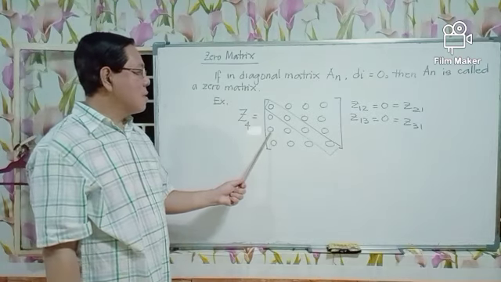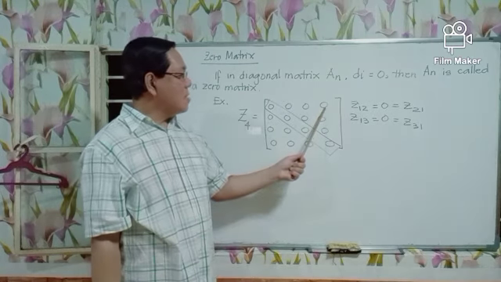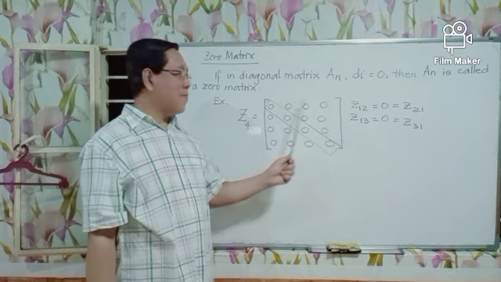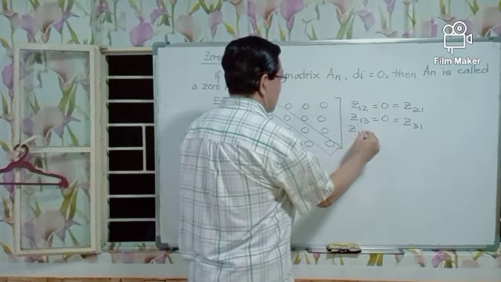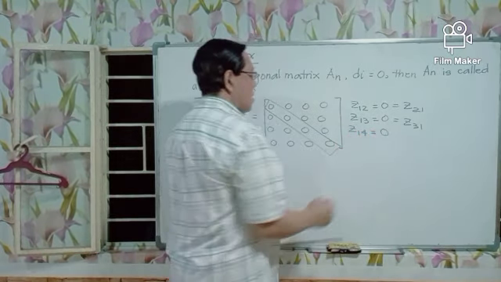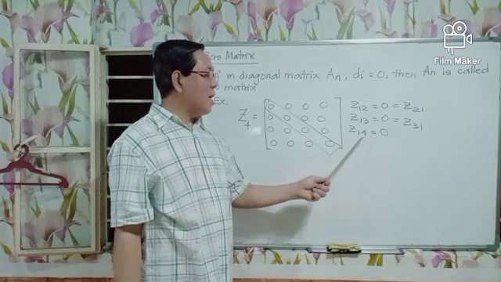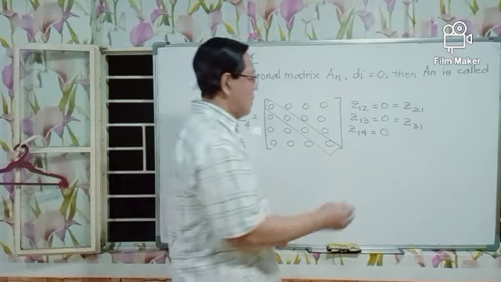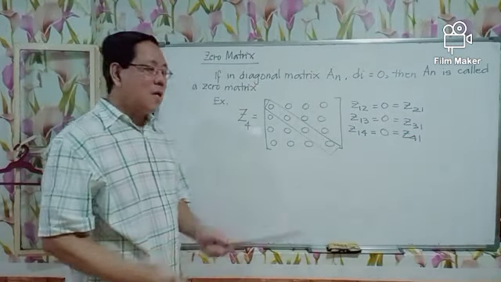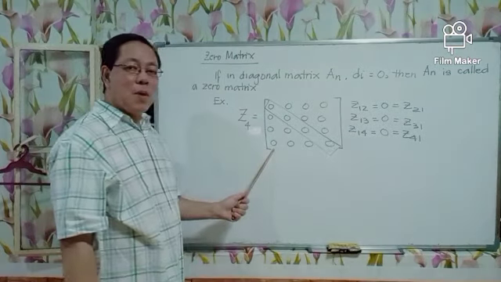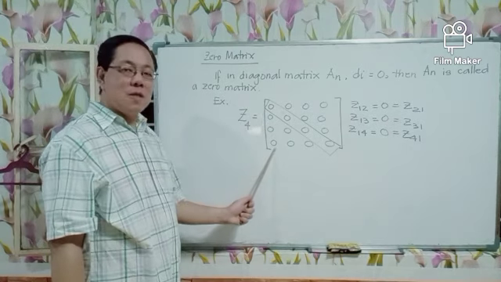It's 0. This entry is denoted by Z sub 1,4. It is the entry in the first row and fourth column. And that entry, Z sub 1,4, equal to 0, is equal to the entry Z sub 4,1. Z sub 4,1 is the entry in the fourth row and first column, 0.